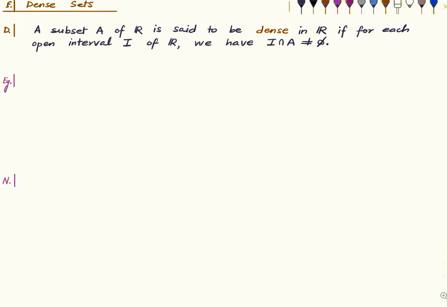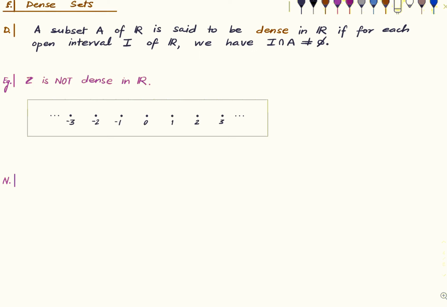So let's foster our understanding via some examples or non-examples. So here is our very simple non-example. The set of integers is not dense in R. So here we have drawn the set of integers. And to show that this is not dense in R, we must exhibit an open interval which does not intersect integers. But such an open interval is very easy to find.